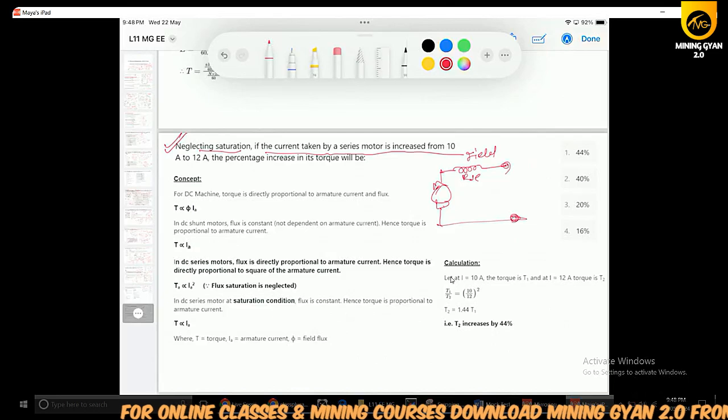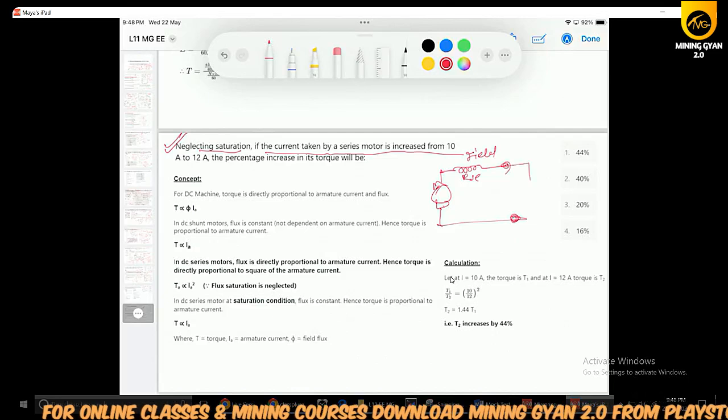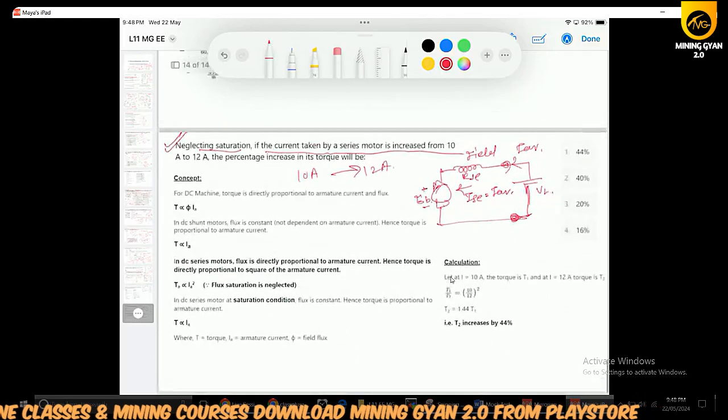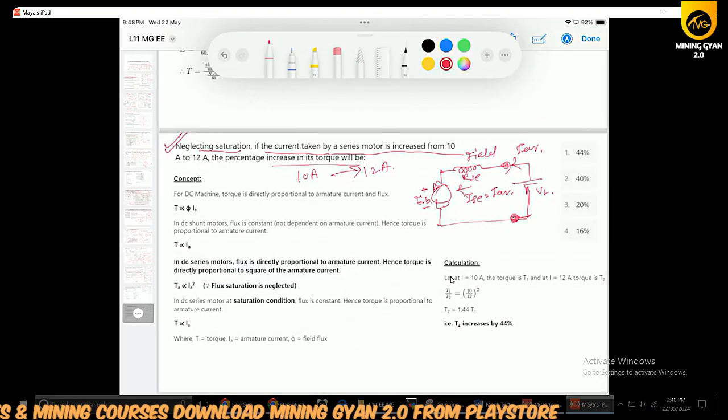These are the terminals through which we have to give the supply to the motor, this is the direction of current, this is the terminal voltage, this is the field current, IS equal to IA only, and here the back EMF will be reduced. The current taken by a series motor is increased from 10 amperes to 12 amperes, that is the IA value, then the percentage increase in its torque will be.